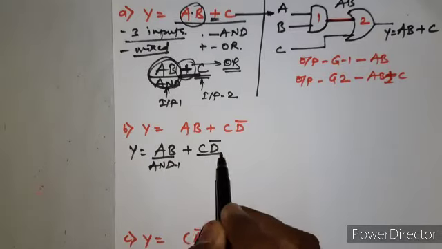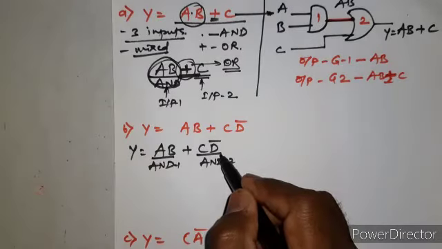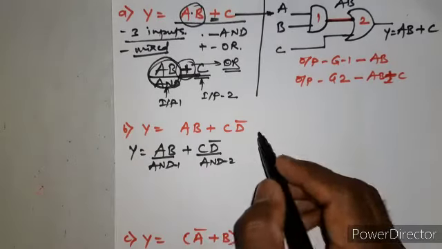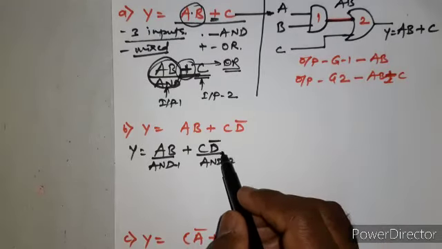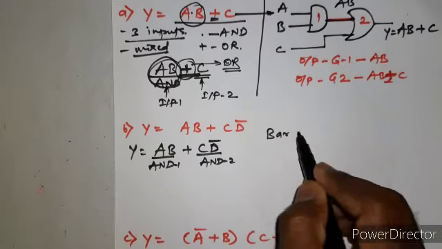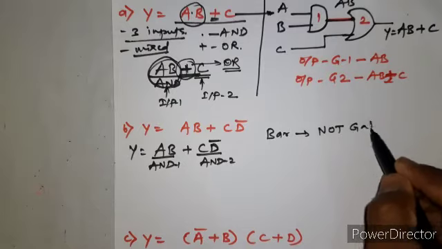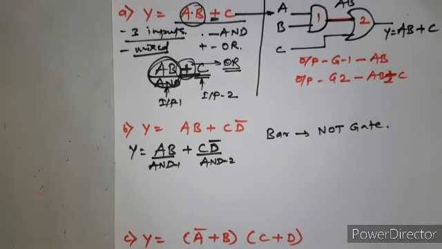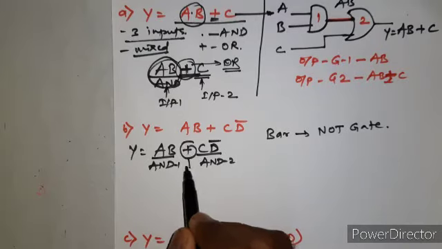Looking at this, we have another AND gate, but one input of this AND gate is D bar, meaning the bar indicates a NOT gate. And these two outputs are given to an OR gate.